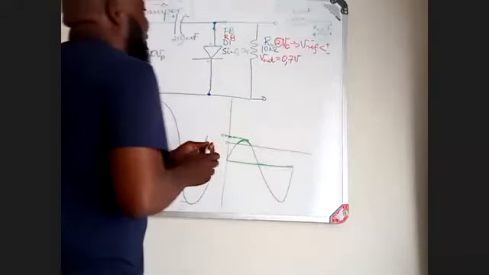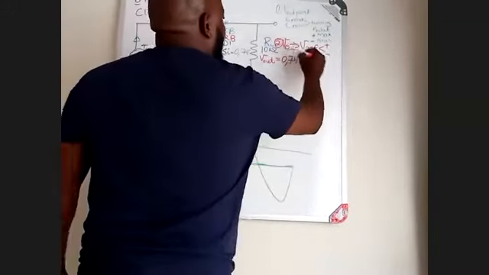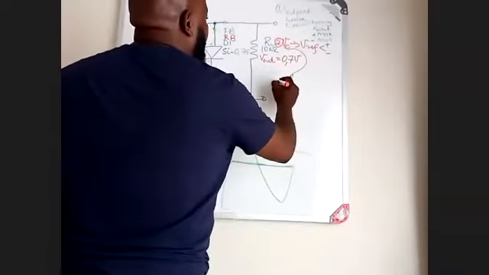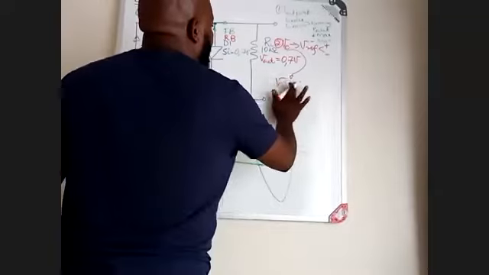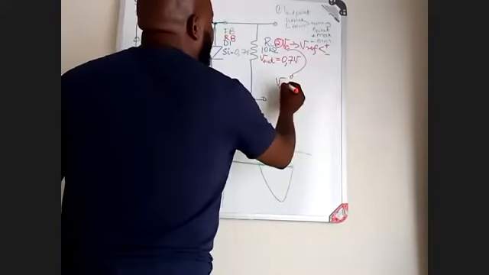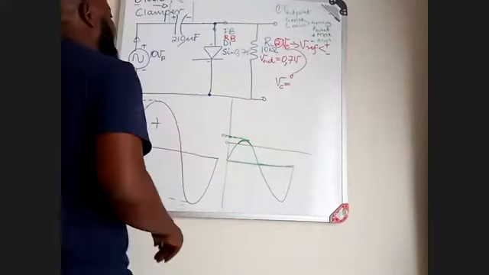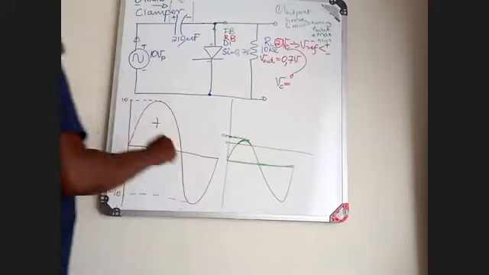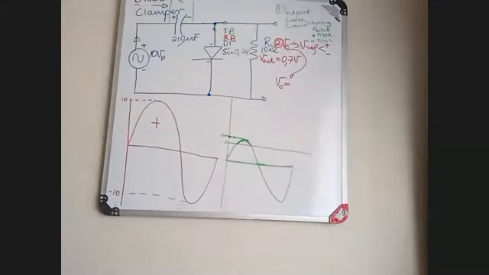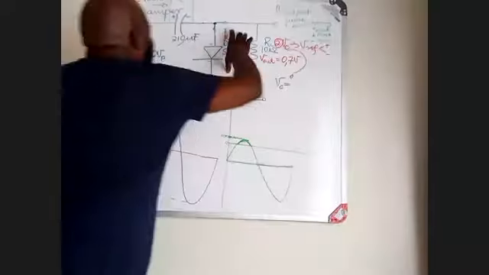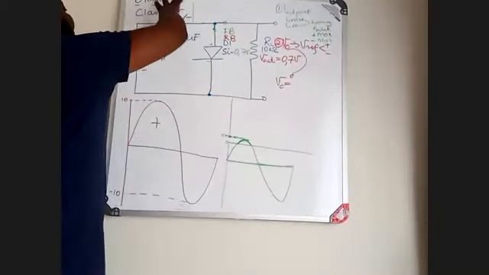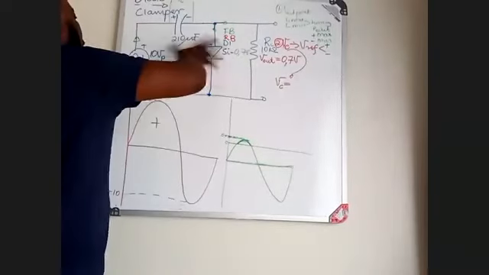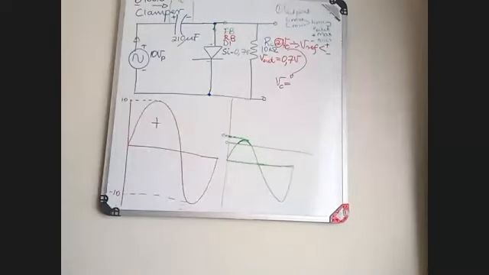Then your Vref, in this case, becomes your V out. Sorry, not your V out, your VC. According to Kirchhoff, the voltage that you measure here and the voltage that you measure here, adding the two must give you the supply voltage.